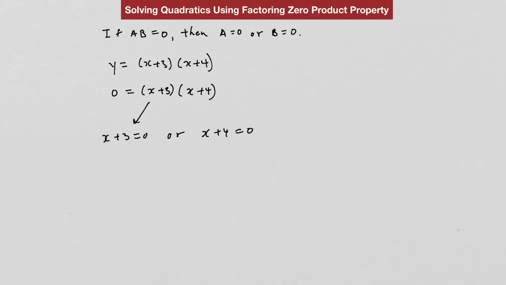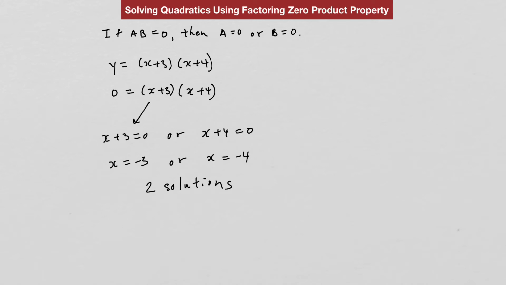And solving for x, we get x is equal to negative 3 or x is equal to negative 4. So this becomes our solution: x is equal to negative 3 or x is equal to negative 4. And the number of solutions is 2 solutions, because it could be either negative 3 or negative 4.